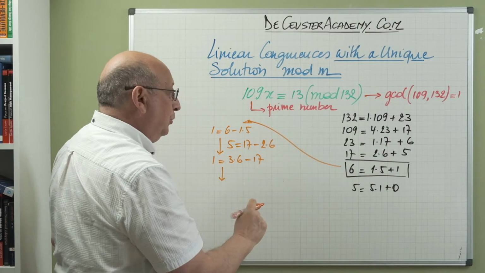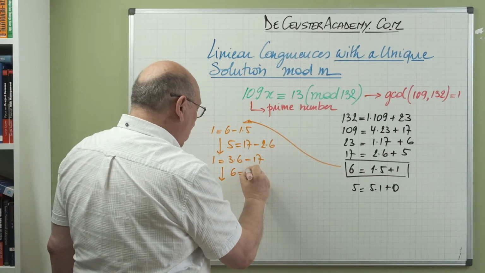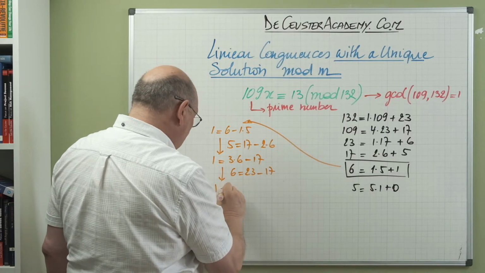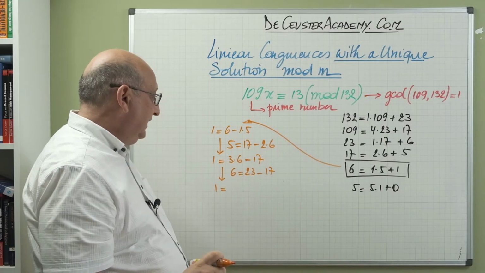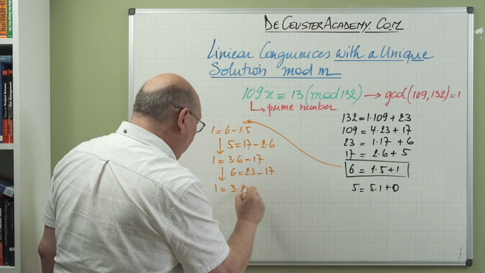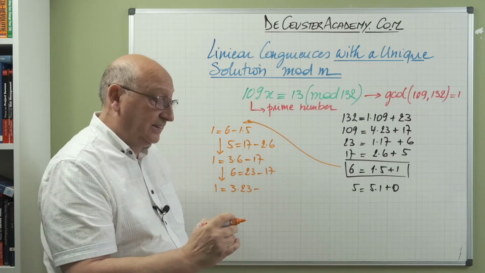Now we continue with the next equation. We can say that 6 is equal to 23 minus 17. When we replace it here, we find that we have 3 times 23 minus 4 times 17.